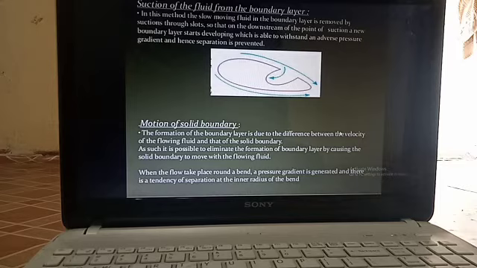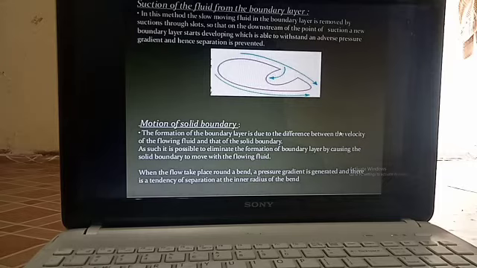So this is the second method, suction of the fluid particles, those which are moving slower, through the slots. This suction prevents the separation. Next is the motion of the solid boundary.